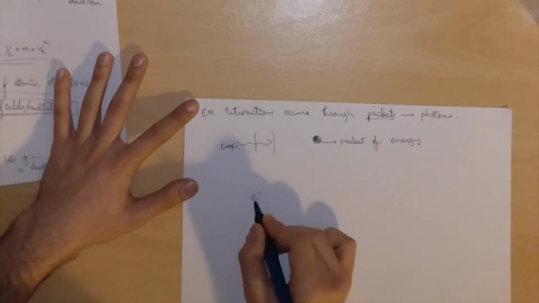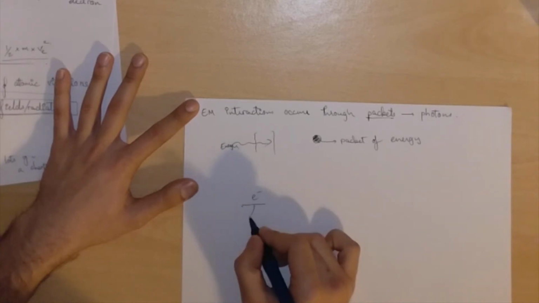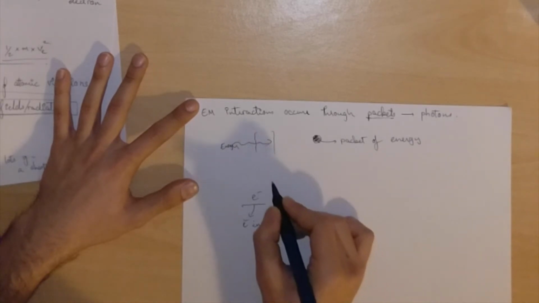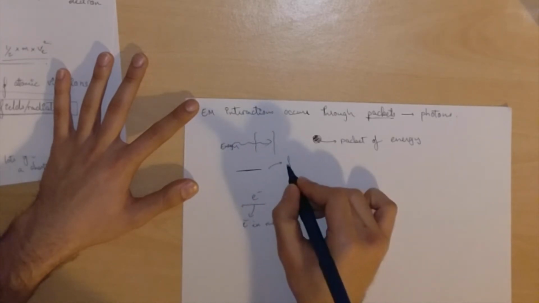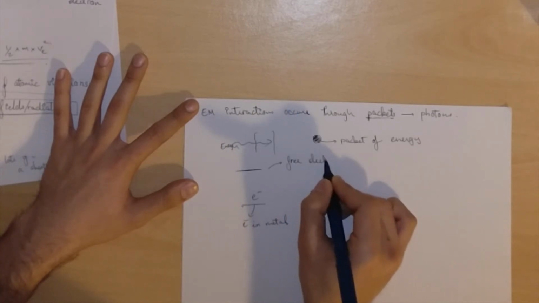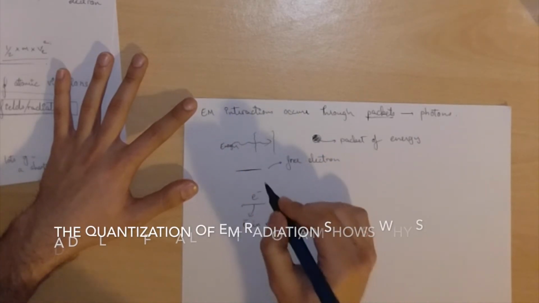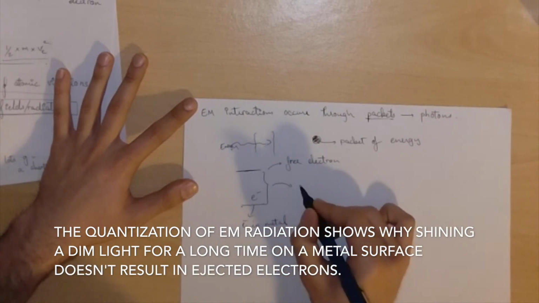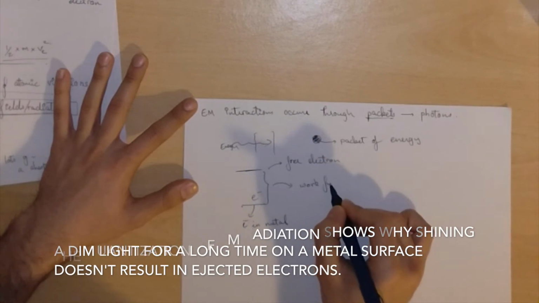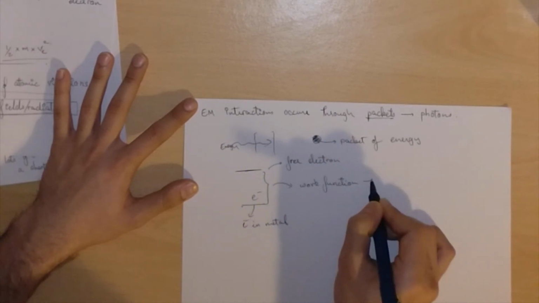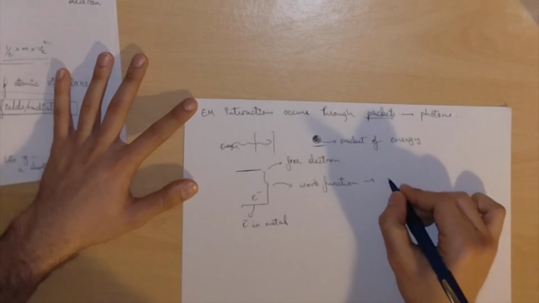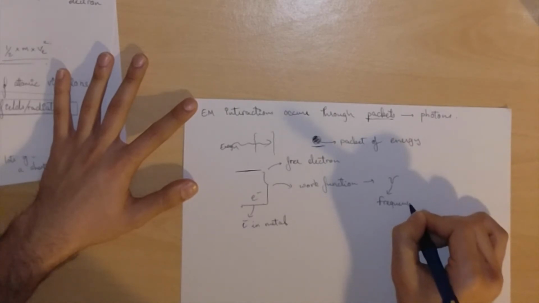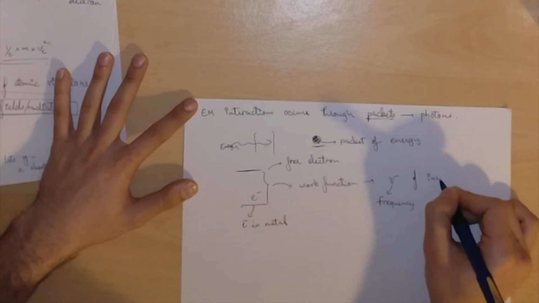So the electron is here. Let's call this an electron in metal, and this is the energy level associated to freedom. It's a free electron, so you will need to give it some amount of energy for it to excite. And this gap here is given by the work function, which is given by the frequency of incident radiation.